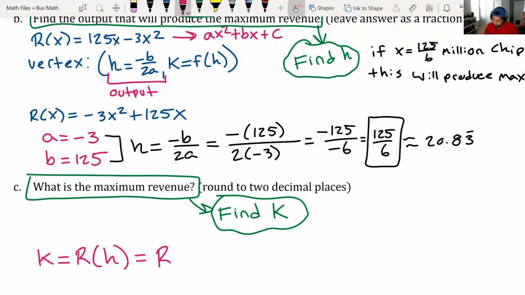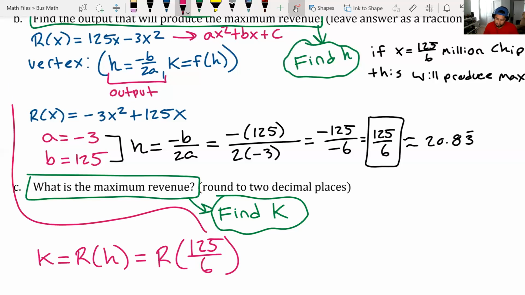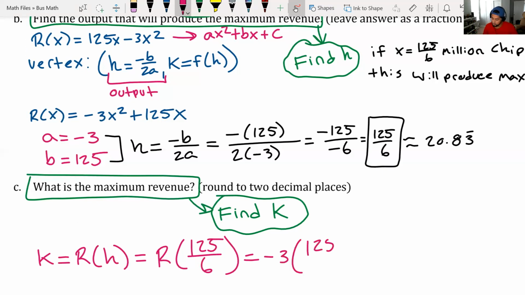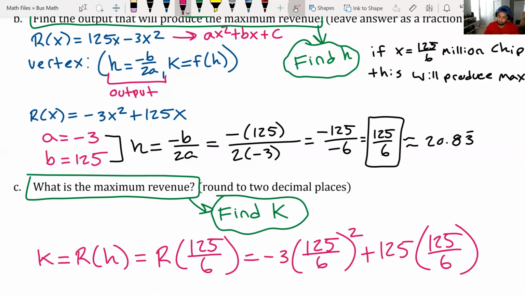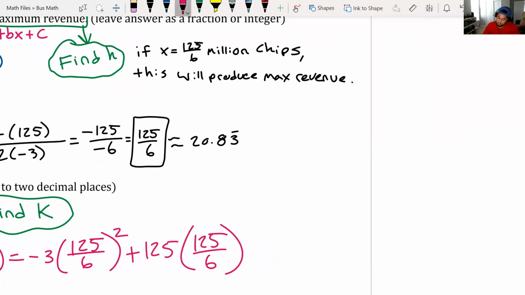You're going to get R of 125 over 6, and you're going to plug this into the revenue function for X. So you'll get negative 3 times 125 over 6 squared plus 125 times 125 over 6. And whatever we get will be our maximum revenue to 2 decimal places.